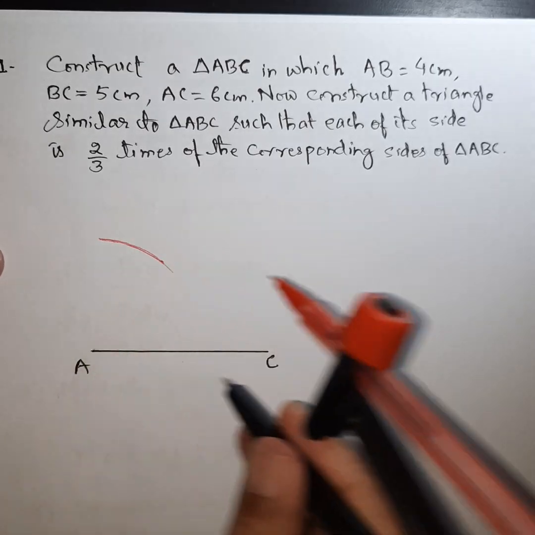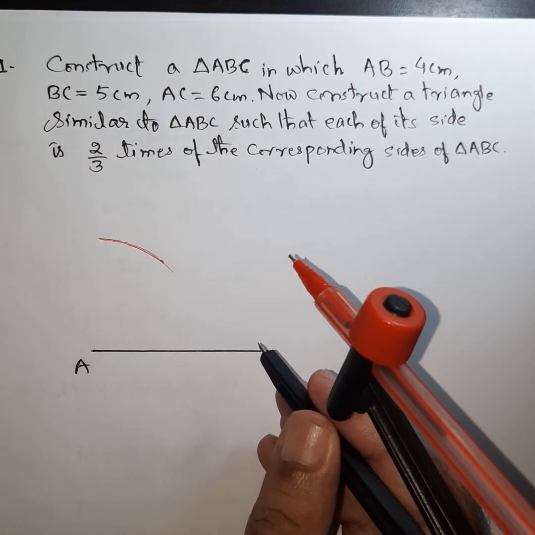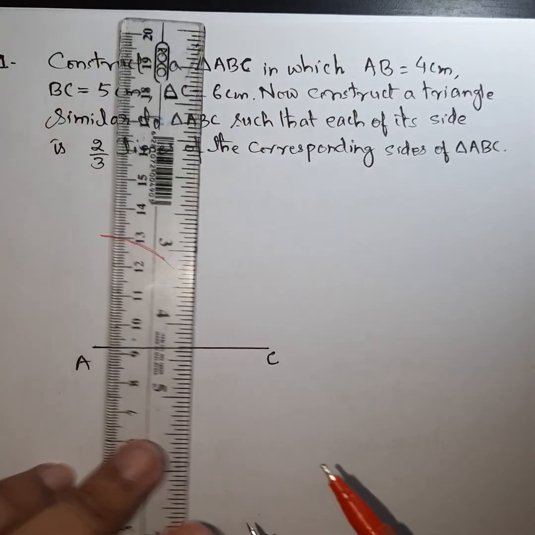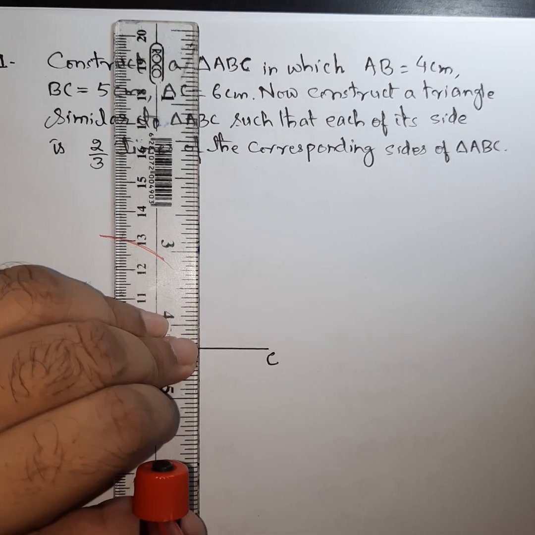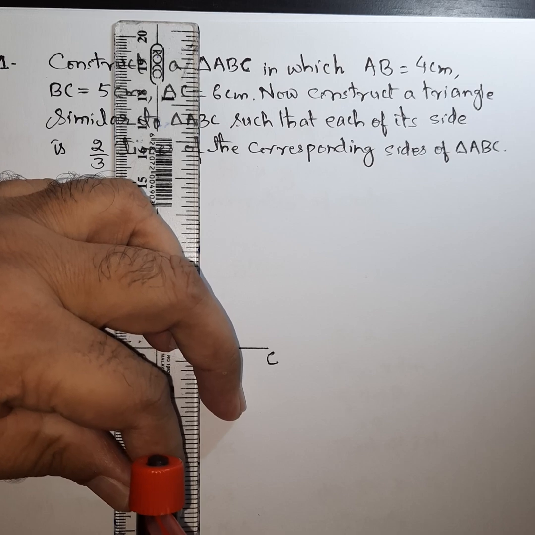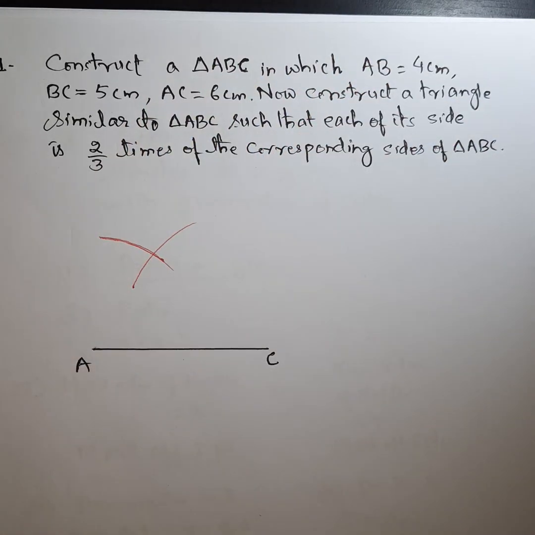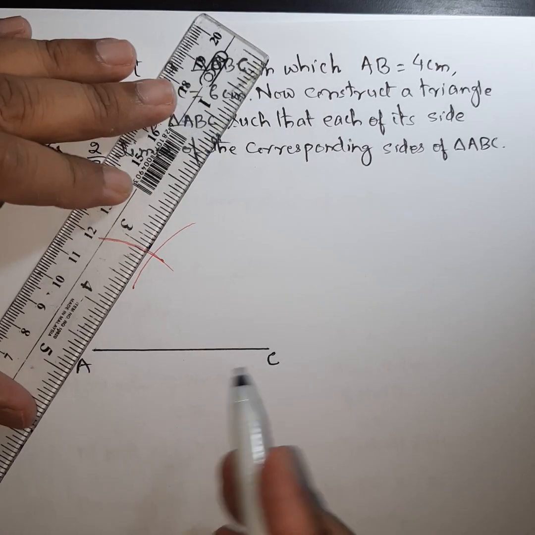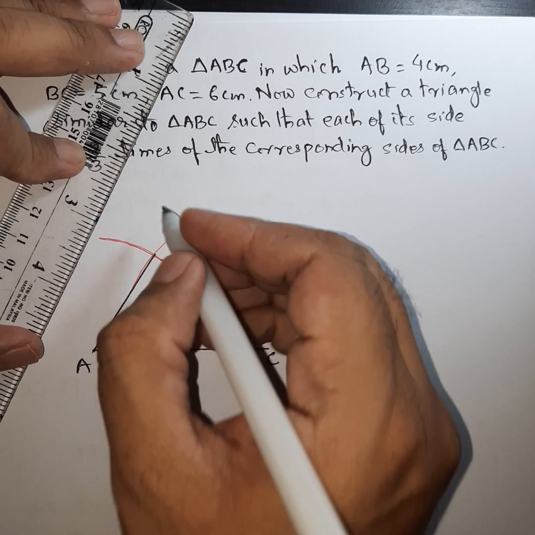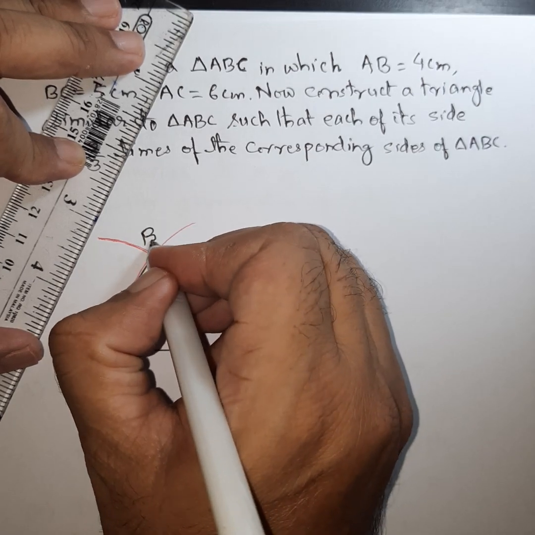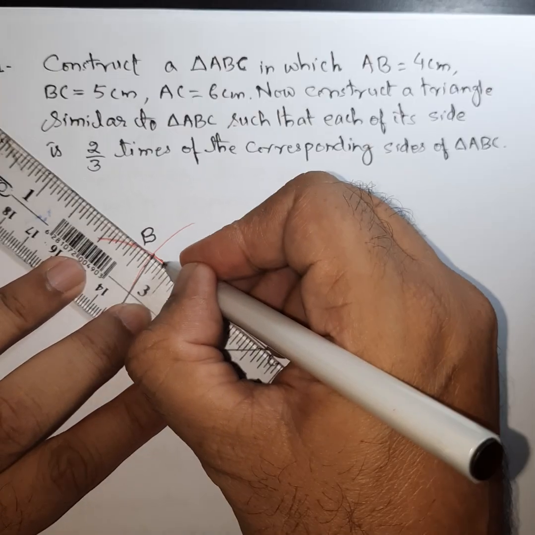Then how much will you take from C to B, that means BC. BC is 5 centimeter. So now you have to measure 5 centimeter radius and draw another arc which intersects this arc, and this point is B. So you are getting ABC as the given triangle.